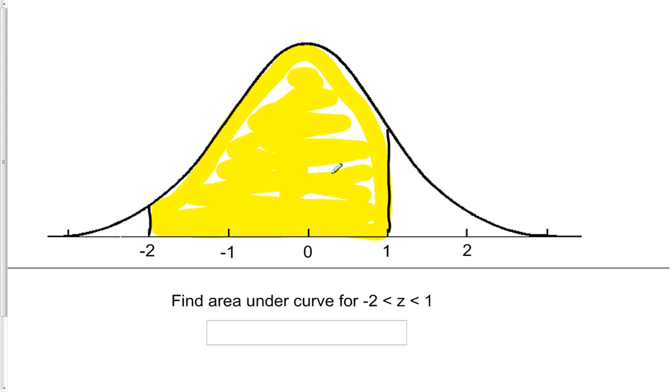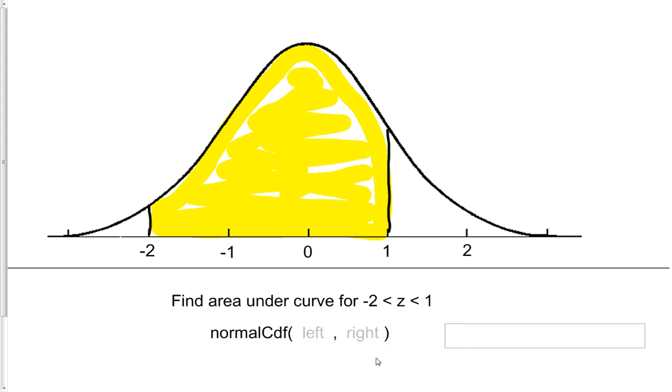Just looking at it visually, it looks like it'll be probably something a little more than 1/2. But it's hard to tell exactly what it'll be, and it's fairly difficult to actually calculate this too. There are shortcuts out there, but the easiest way is to use your calculator. Using a TI-83 or 84, there's a function called normal CDF.